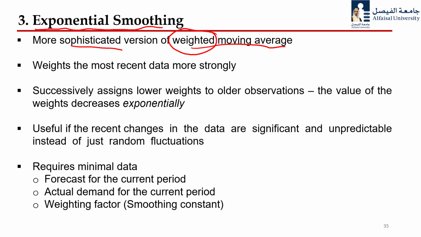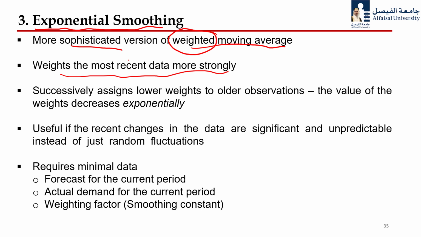A good forecasting method should always be able to cater to the changes in the data occurring in the most recent past. That's why we say the exponential smoothing method is more sophisticated, because it captures the fluctuation or changes in the data happening in the recent past.